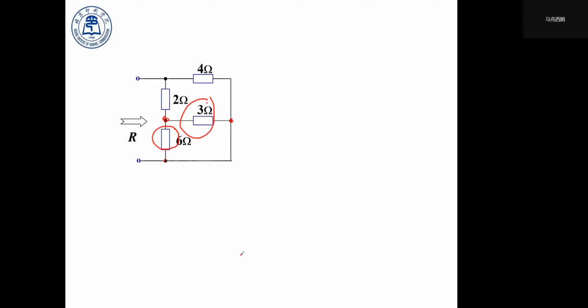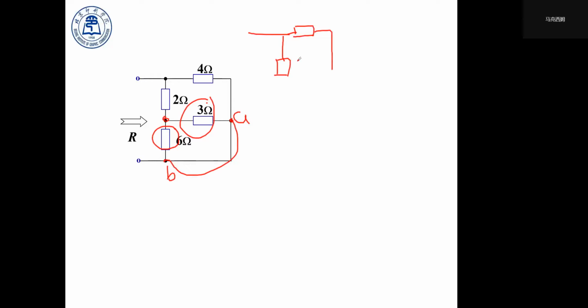You see? So we can transform this into this kind of diagram. We can move this point to this point because there's only a wire between them. There's no resistance in between. So those two, dot A and dot B, are identical. So they are the same point in this diagram.